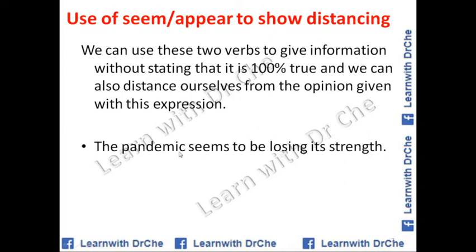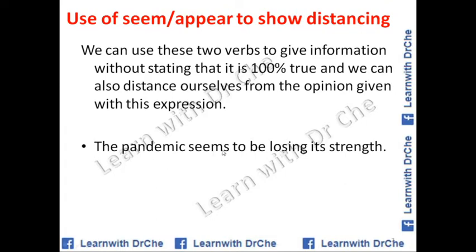Now, you can see when you look at this sentence, you can't see that this is my opinion. This is a general opinion. Okay, I am distancing myself from the opinion. The pandemic seems to be losing its strength, like a general statement. I am distancing myself from the opinion by using the word seems.